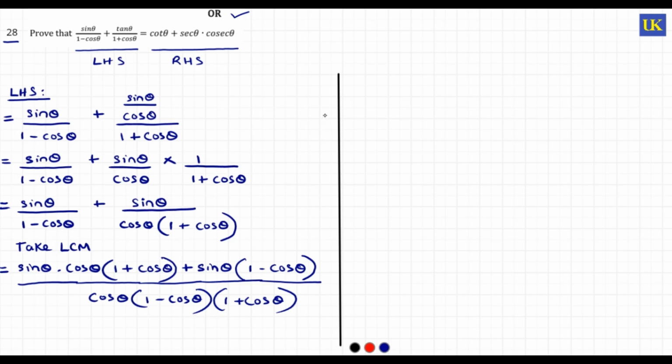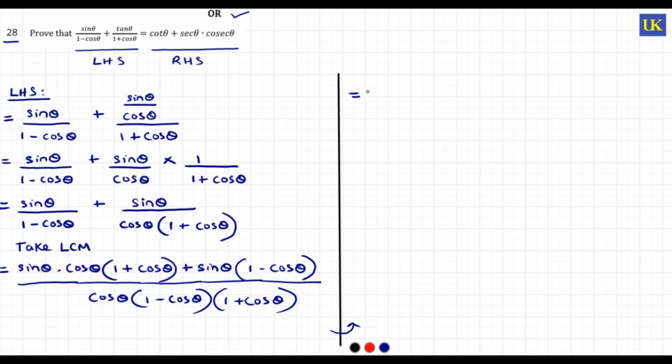Now in the numerator part we will multiply sine theta into cos theta with 1 and once with cos theta. Similarly sine theta will multiply once with 1 and once with cos theta. So that we will do, and in the denominator we will apply a minus b into a plus b is equal to a square minus b square formula.